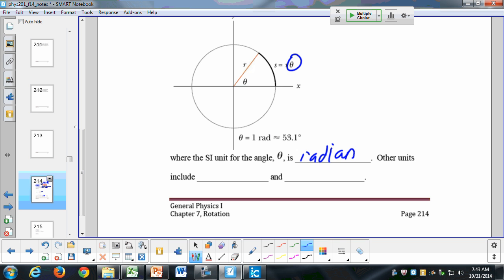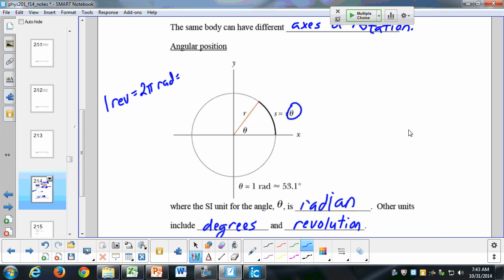Other units include degrees and revolutions. You'll need to be able to convert between those. Remember, 1 revolution, which is 1 full circle, is equal to 2 pi radians, which is equal to 360 degrees.